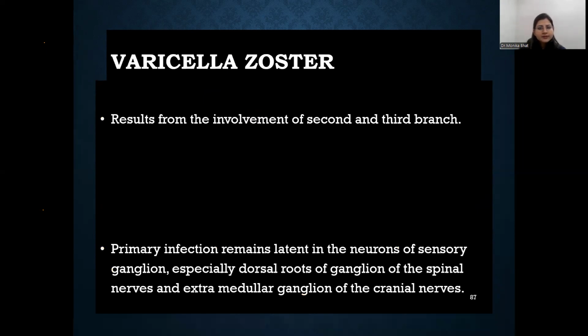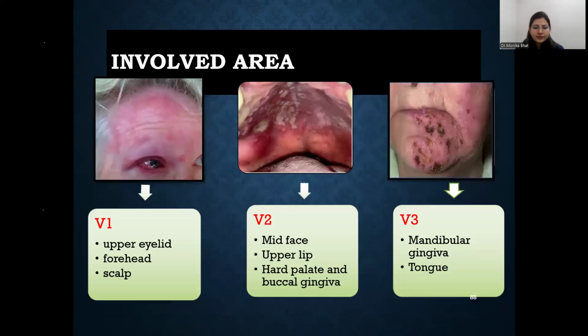Then another category is the herpes varicella zoster, which results from the involvement of the second or the third branch. Primary infection remains latent in the neurons. First, the patient is already infected with the varicella. Then, if there is any trigger of the latent infection because of any stress or any kind of trauma to the patient, this leads to the varicella zoster infection.